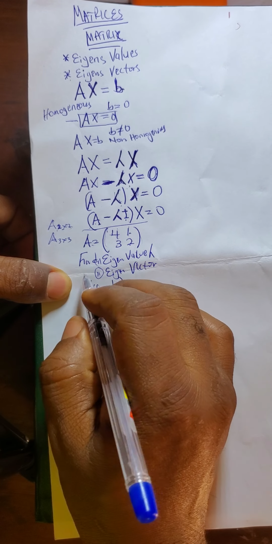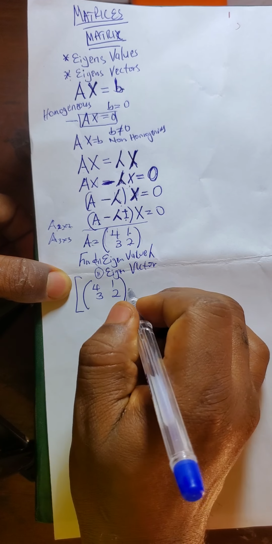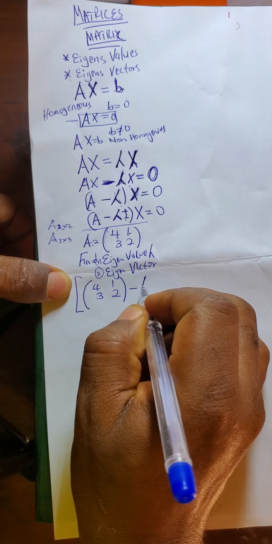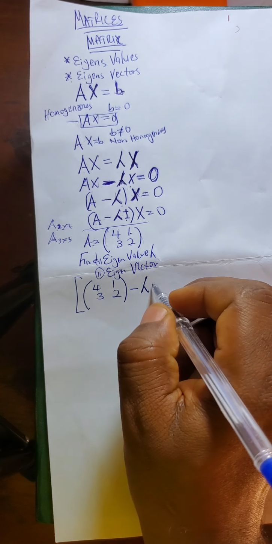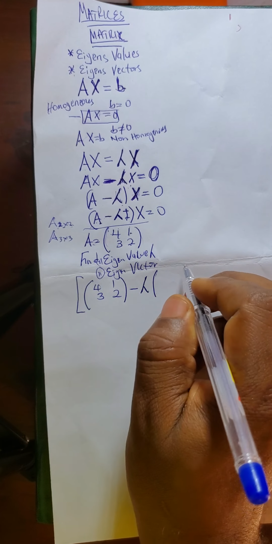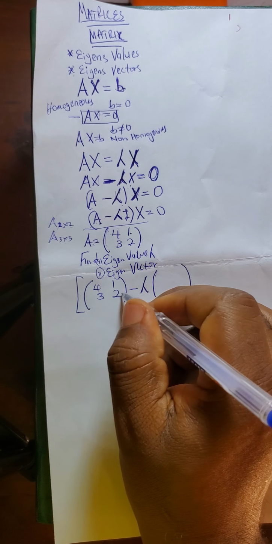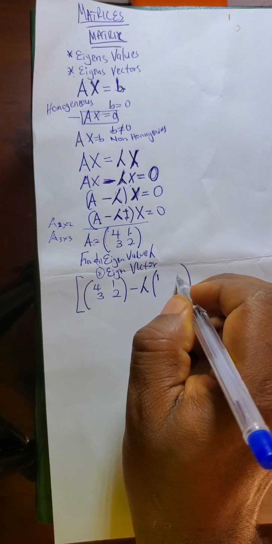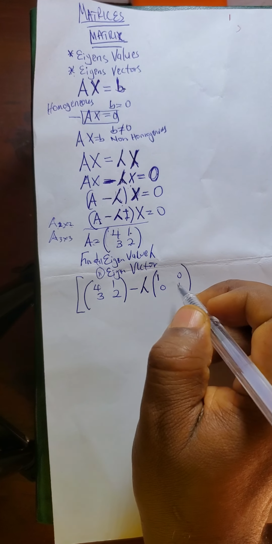Then this bracket, write it like this, then minus this eigenvalue, then times the identity matrix I. The identity matrix I for 2 by 2 is 1 0 0 1.